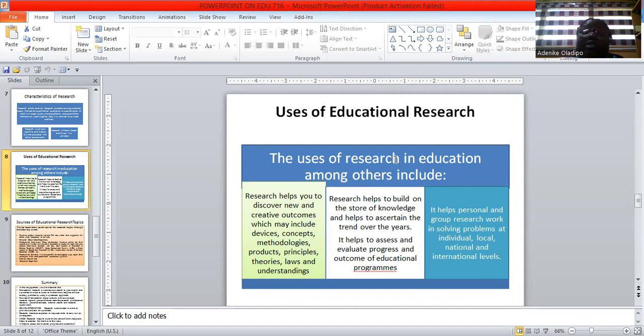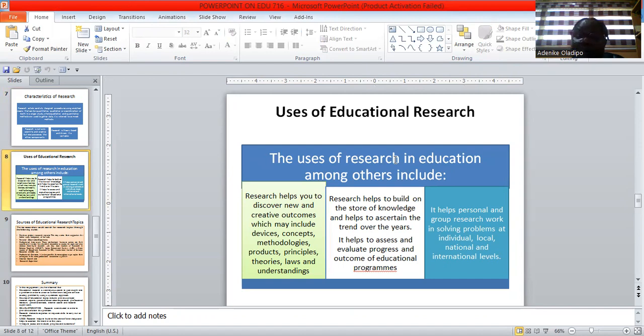How are the results we're getting? Are they good? It is through research that we can make such evaluation. And when we make evaluation, it allows us to make progress on the outcomes of educational programs.